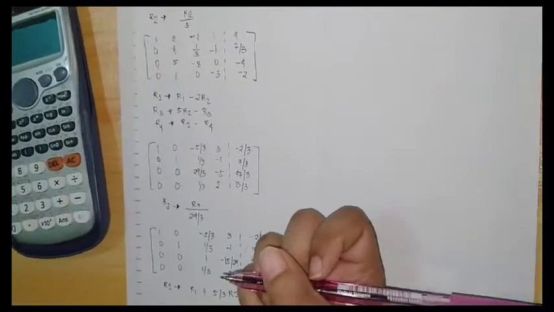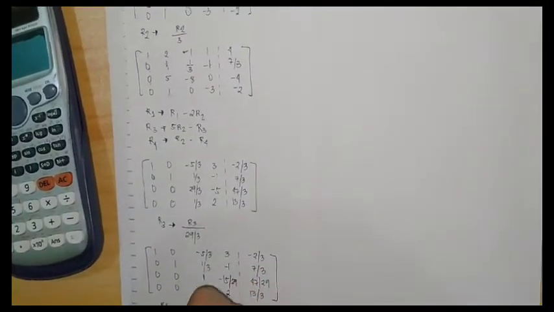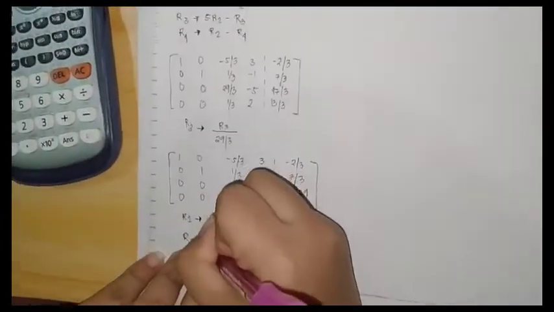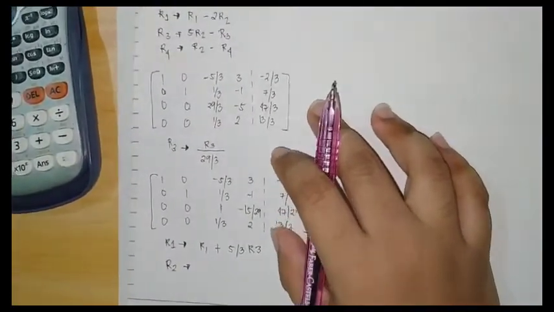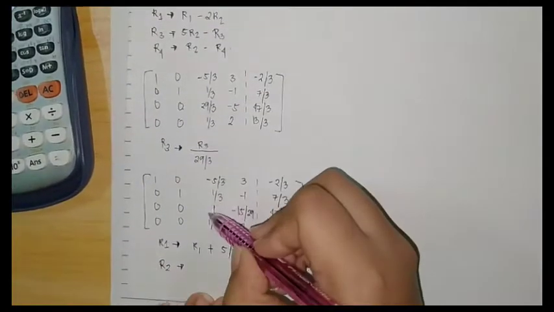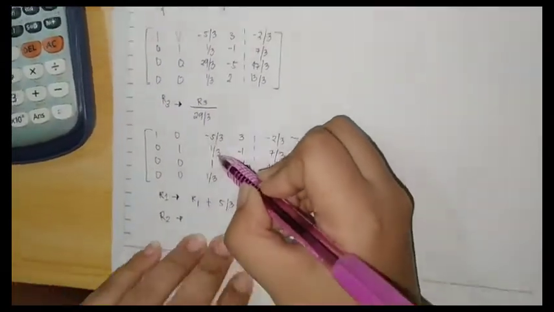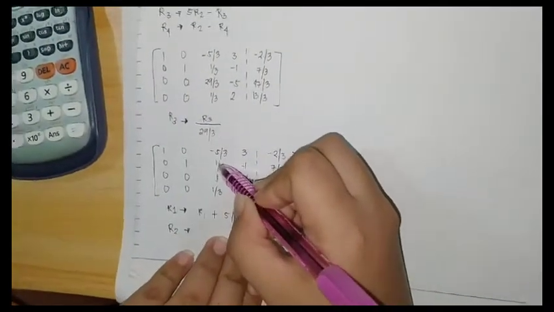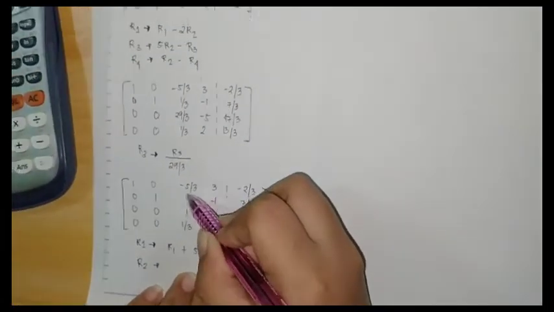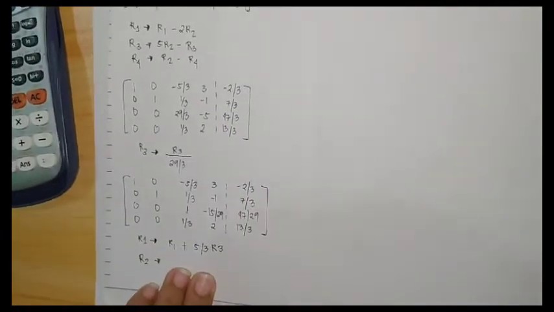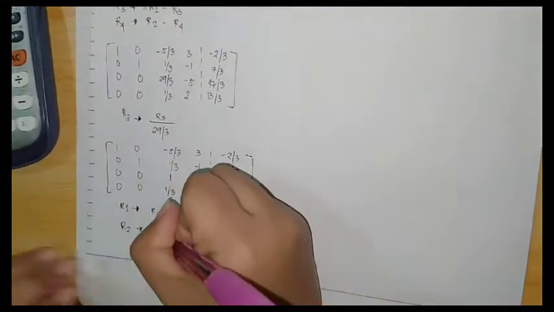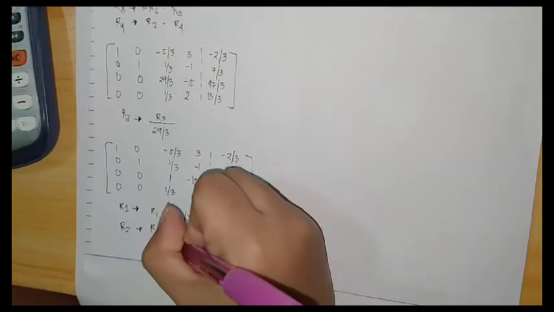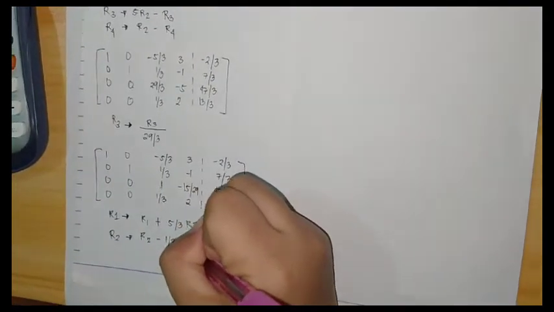So for R2, multiply R3 by 1/3 and subtract. So this will become 0. So R2 minus 1/3 R3.